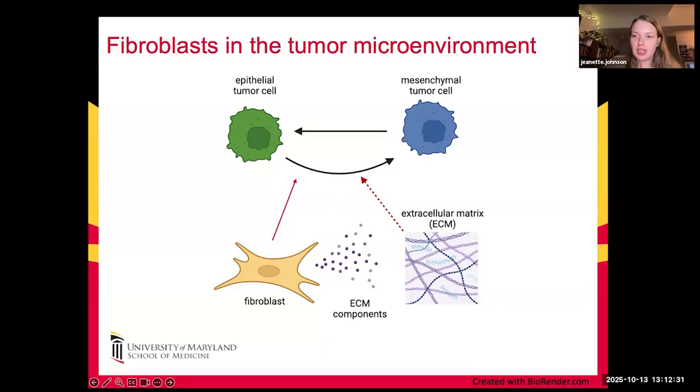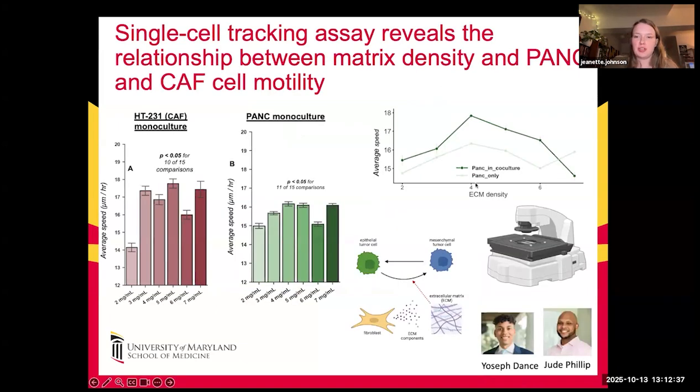So we turned to our collaborators in the Philip lab at Johns Hopkins, and we performed a single cell tracking experiment using pancreatic neoplastic and fibroblast CAF cell lines. We quantified the cell velocity at varying collagen concentrations in cell line monoculture and then co-culture.